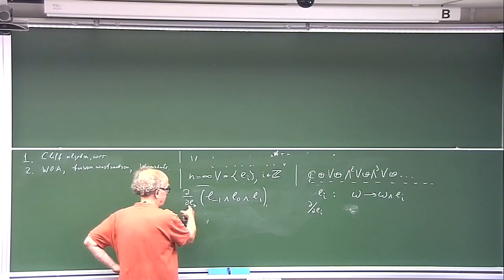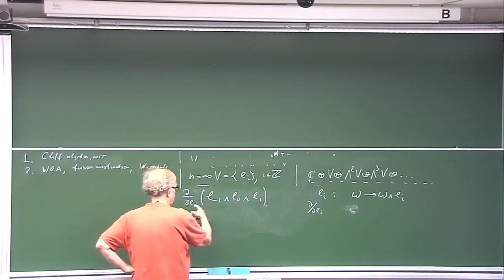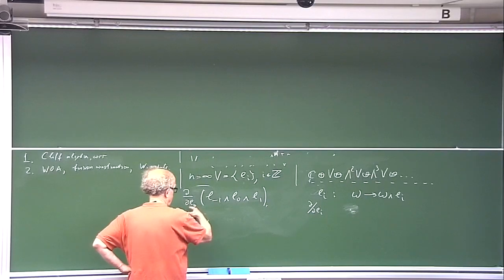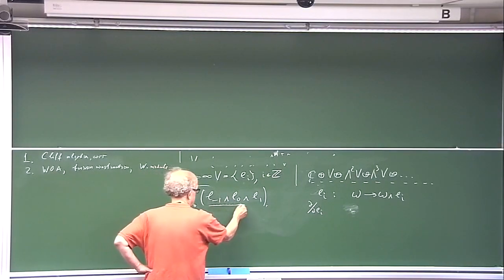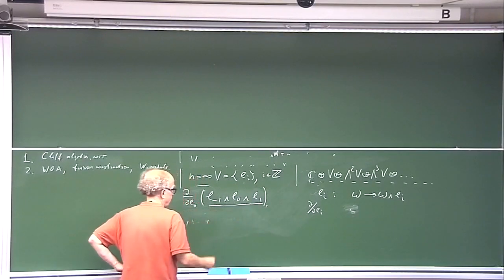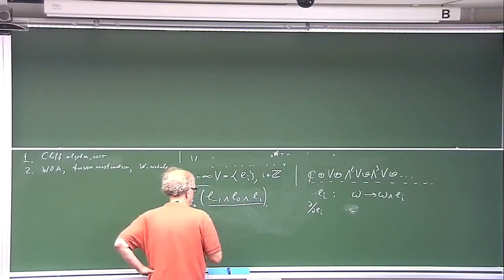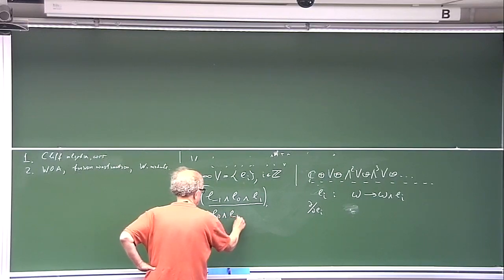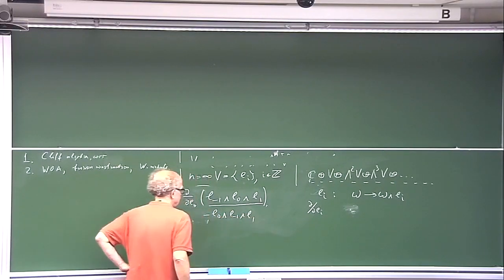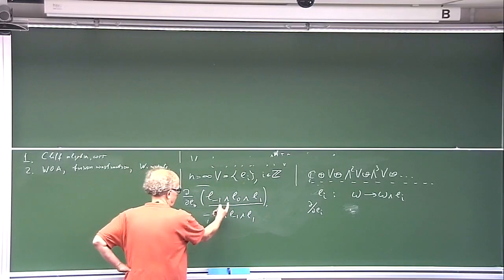Because of this skew symmetric language, first of all, I want to differentiate, but the procedure is the following. First, we can write this as e_0, e_{-1}, e_1, in order to put e_0 in the first position.